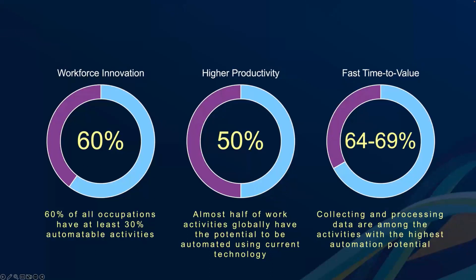And these are just some more stats that are showing the current state of our business environments and our digital spaces. 60% of all occupations have 30% of activities that can be automated right now. So there's a need to innovate the way people are working. And as we said, almost half of the work that's being done right now has the potential for being automated. And this can lead to higher productivity.